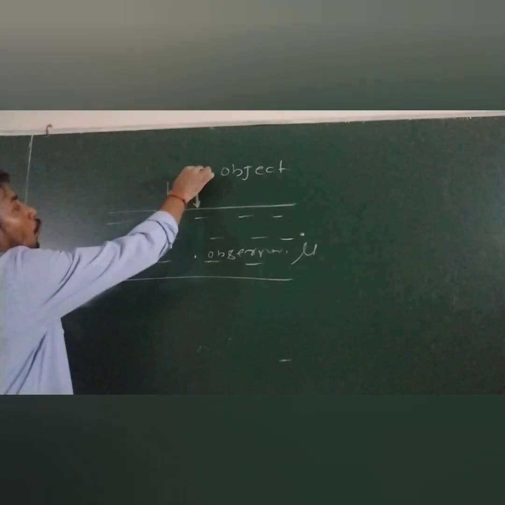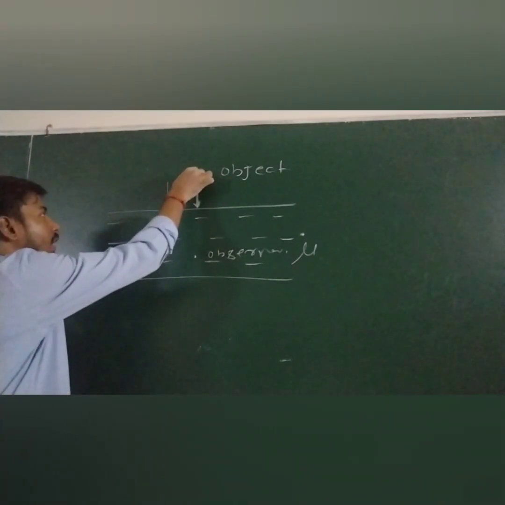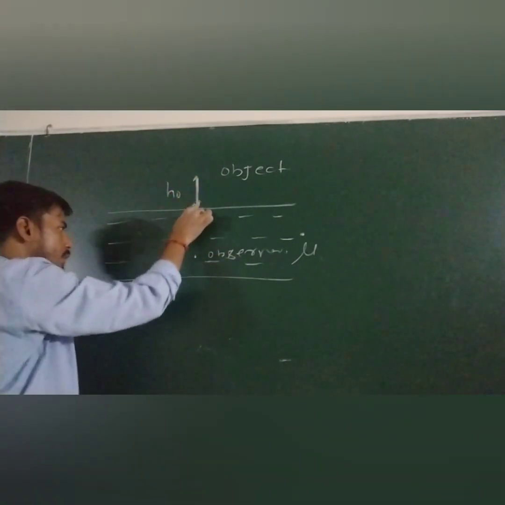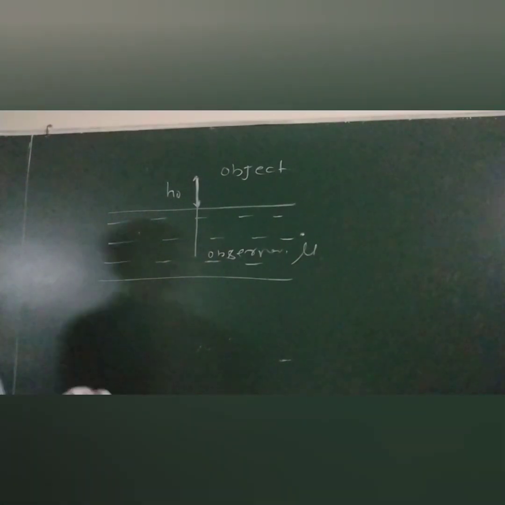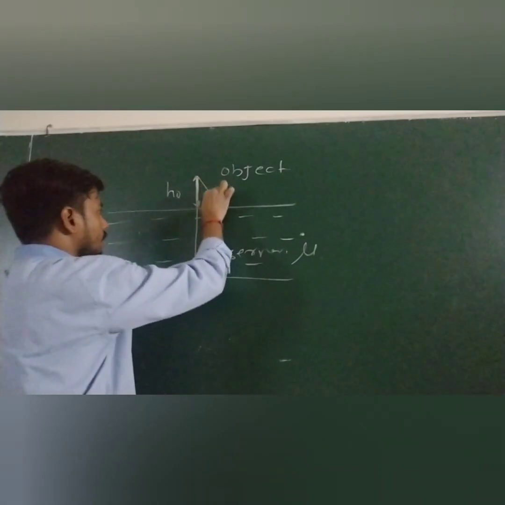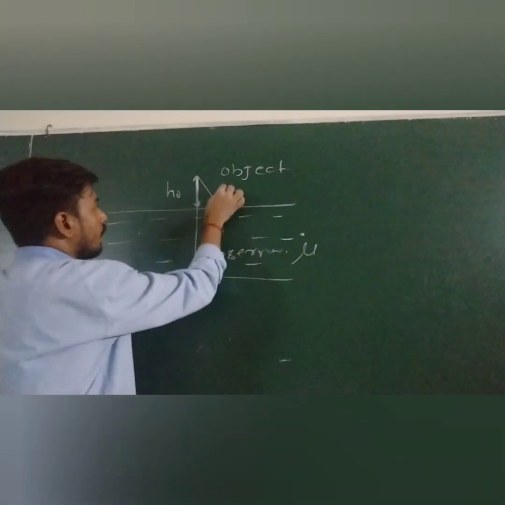So what happened? See, one light from this source directly reaches the observer. You can take any other way also. Suppose another light is coming like that. This is the normal.